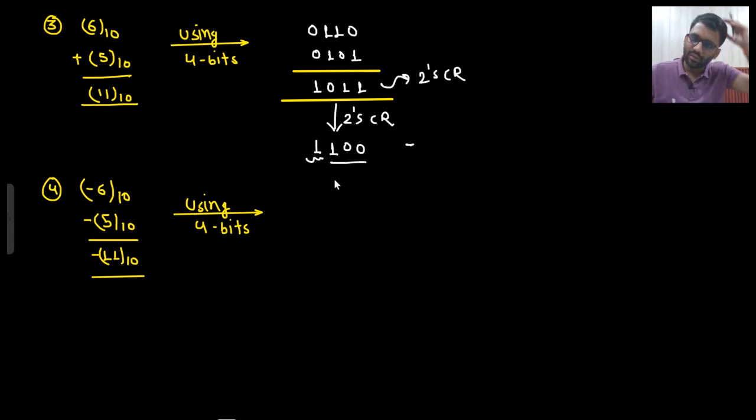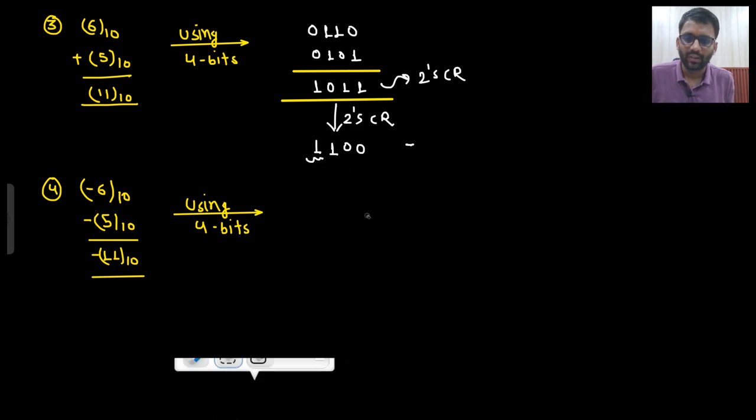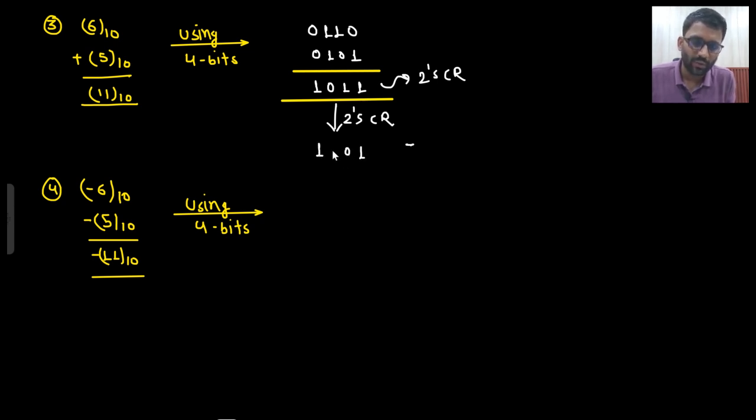Sorry, I am taking the 2's complement. Really sorry. How would I take the 2's complement? This one as it is will be copied and the rest will be complemented. So 1, this as it is, minus sign. 1, 0, 1, 1, minus 5. So what did you get as the answer? Minus 5. And this answer is incorrect.